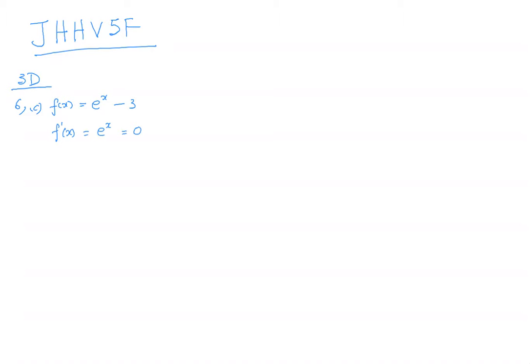So actually, you don't have to do anything to it. You know, by the way, e to the power x is always greater than 0. This is the true fact. So that means in this case, fx is without turning point.